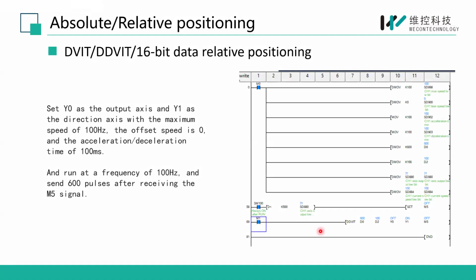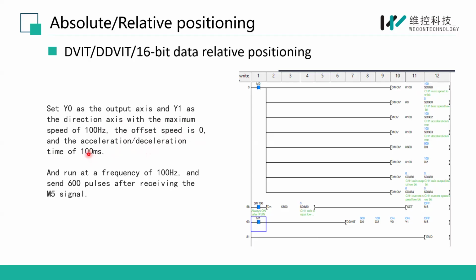And this one is the demo program. For example, we set Y0 as the output axis and Y1 as the direction axis, with a maximum speed of 100 hertz, an offset speed of 0, and acceleration and deceleration times of 100 milliseconds.